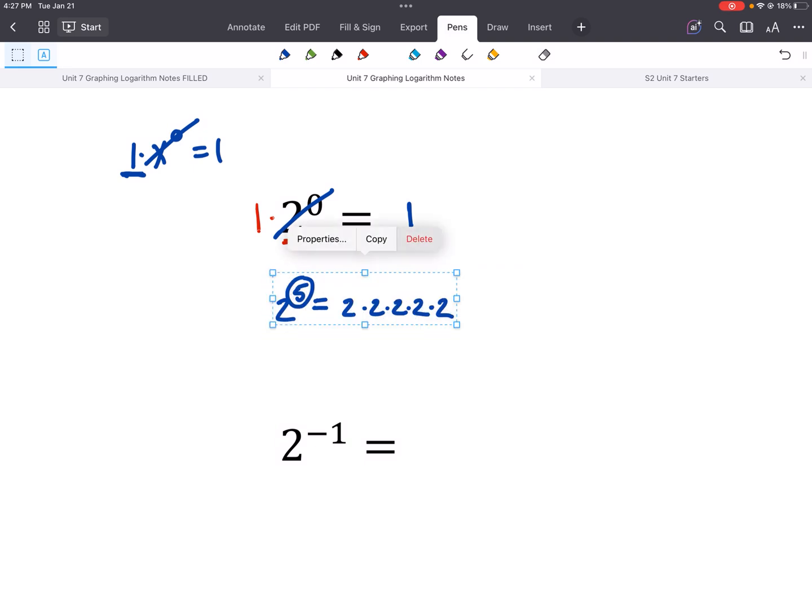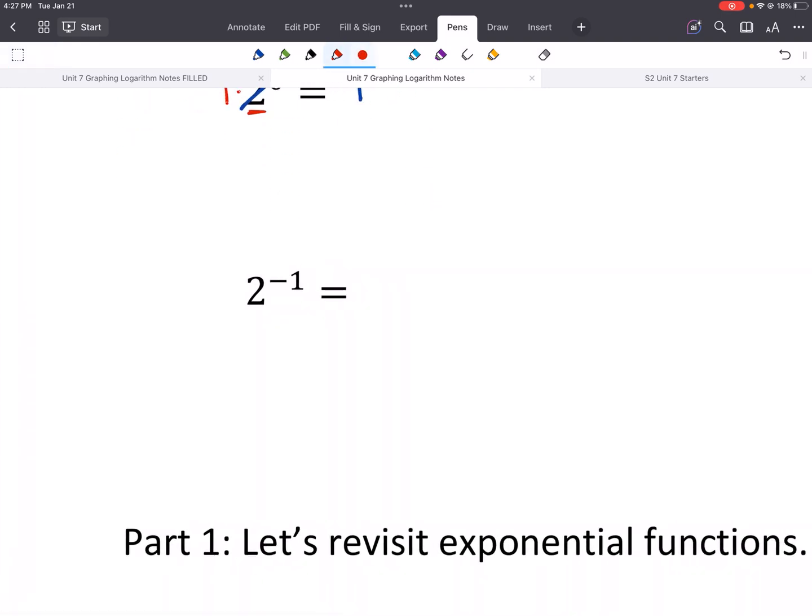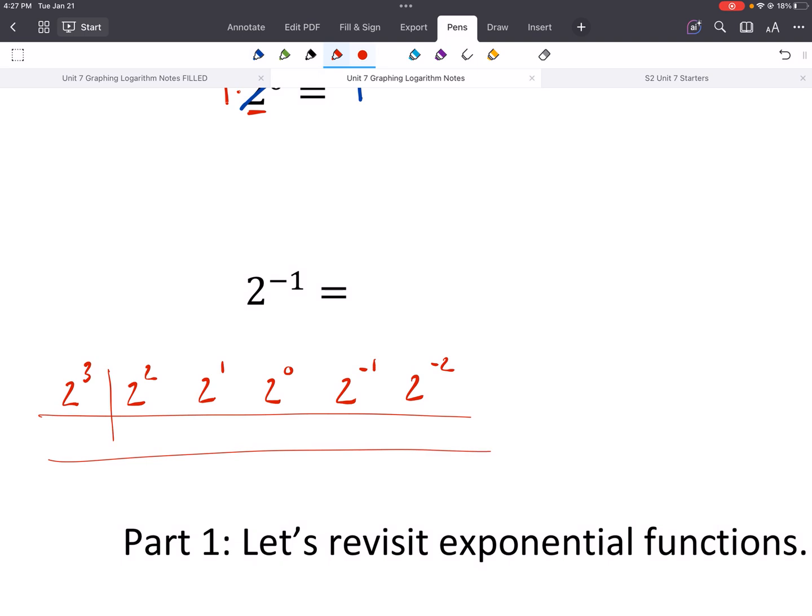I think last year when we did this problem, we had a table, right? And we did something like this. We started with x to the 3, and then x to the 2, or we could even just do 2's. So 2 to the 3, 2 to the 2, 2 to the 1, 2 to the 0, 2 to the -1, 2 to the -2, okay? And then we evaluated those.